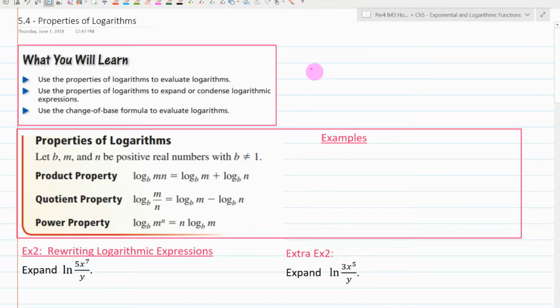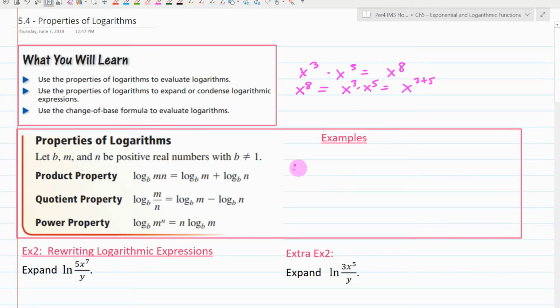Now, if we had, let's say, x to the third times x to the fifth, that would equal x to the eighth. Because if you add those together, so I'm going to reverse this, x to the eighth equals x to the third times x to the fifth, because it's x to the 3 plus 5.